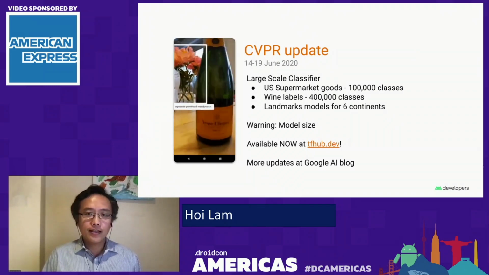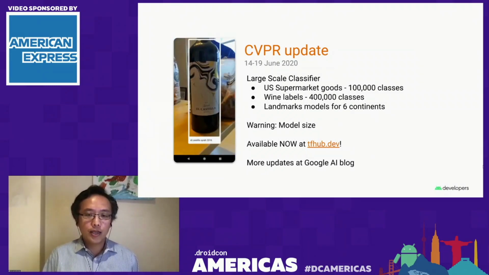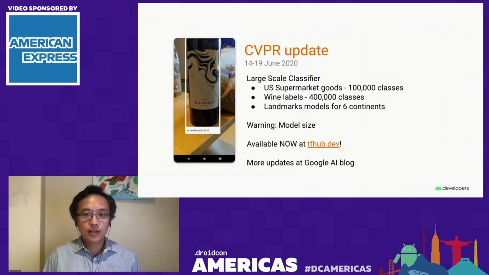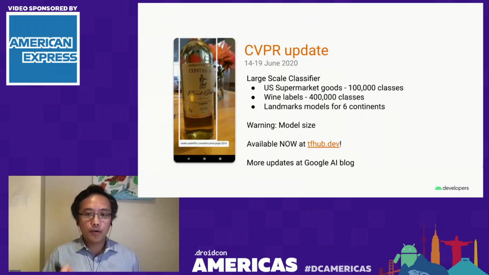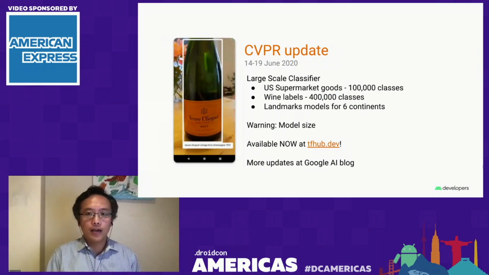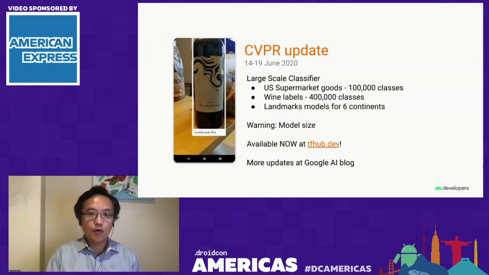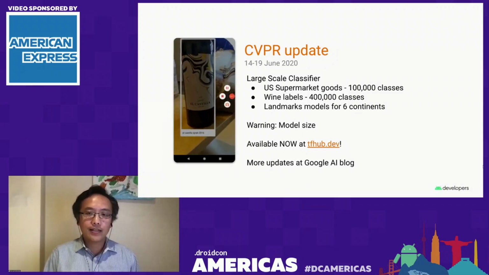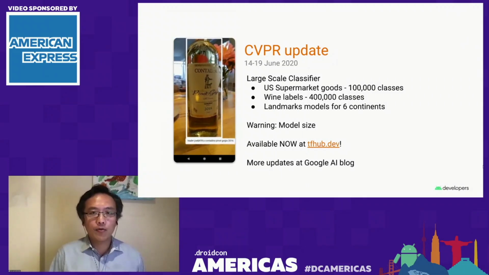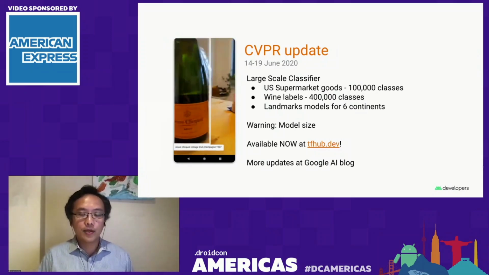Here, I want to highlight a couple that we uploaded in June as part of the industry conference for image recognition. Previously, these kinds of models, which have, say, 100,000 different classes, or in the case of wine label, 400,000 different classes, could only be run in the cloud because of performance reasons and also because of the size of the model.